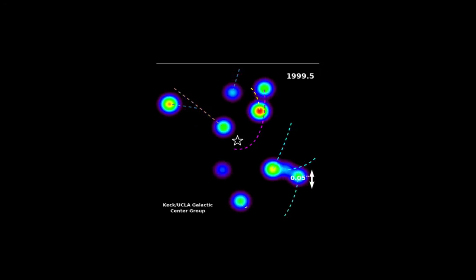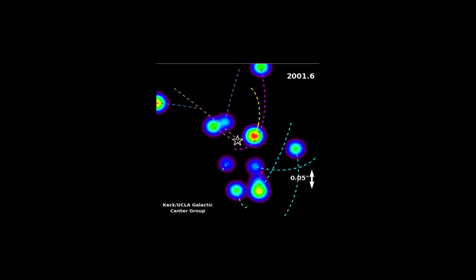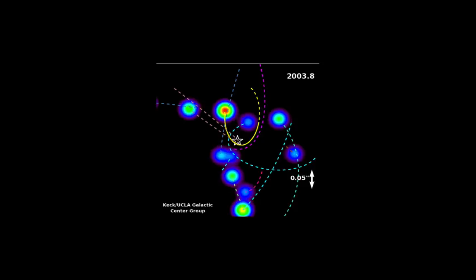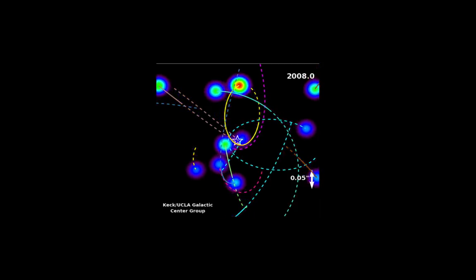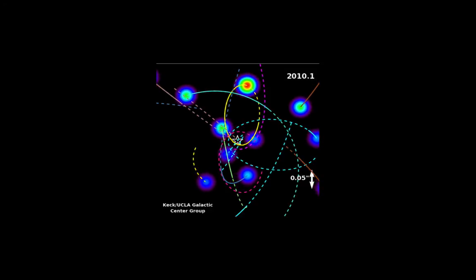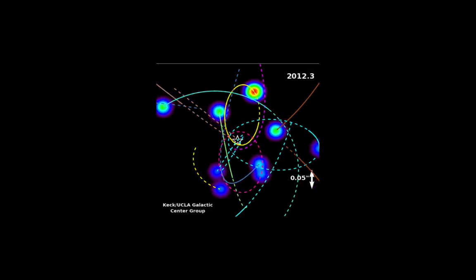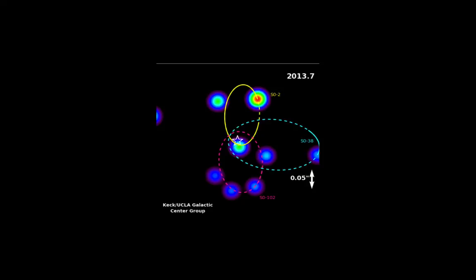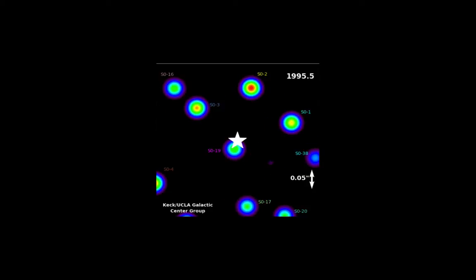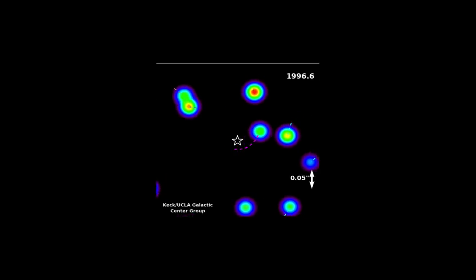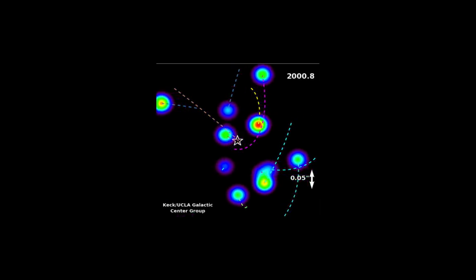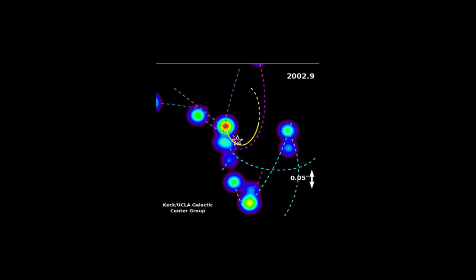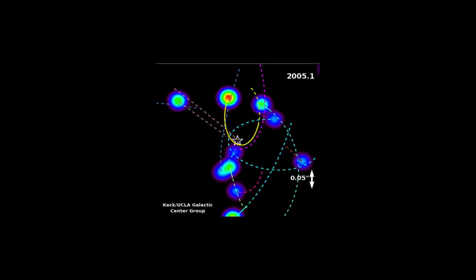This is another group making very similar measurements. These ones have taken a little bit longer to make, but you can again see, I like this representation because you see the stars, but then you also see the orbital paths that they are traveling on. And so you can see each star appears to be orbiting around that central point where that star is located, but there's nothing there.